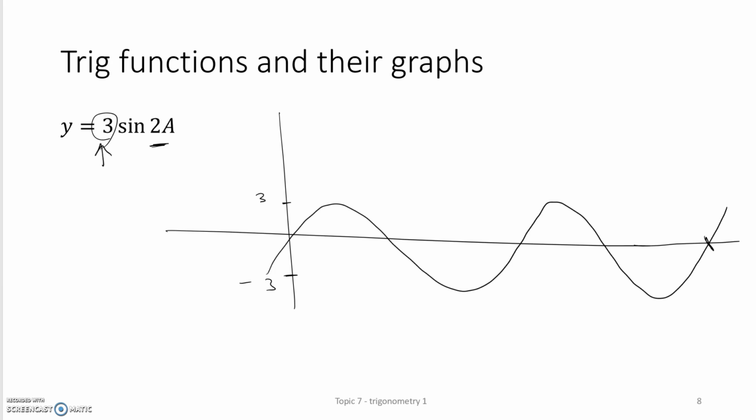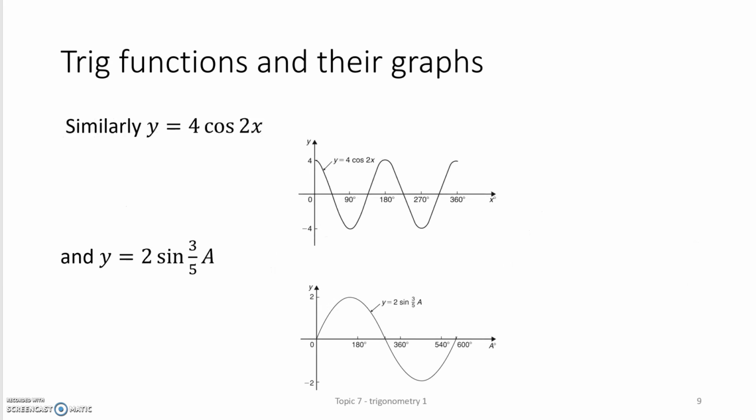We call this number the amplitude. So we say that the amplitude for this one is 3. Similarly, this one, the amplitude is 4, and it goes around twice as fast, or it goes around twice in 360. Tricky one for the next one. The amplitude's fine. The amplitude is 2. It goes up to 2 and down to -2.